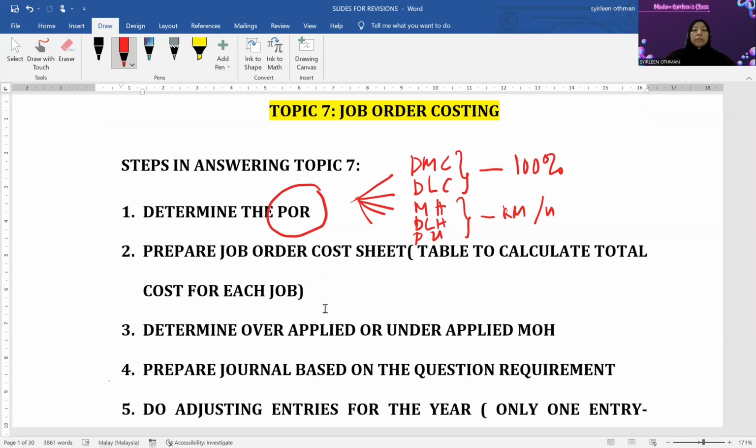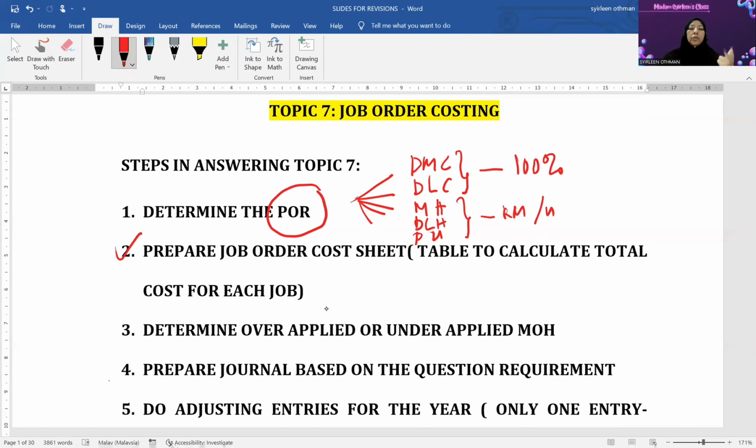By using the POR calculated in number 1, we are going to calculate the manufacturing overhead in the table in number 2. So based on the calculations for the MOH, we know that we are actually using normal costing. So we are using the actual direct material cost, the actual direct labor cost, and applied manufacturing overhead.